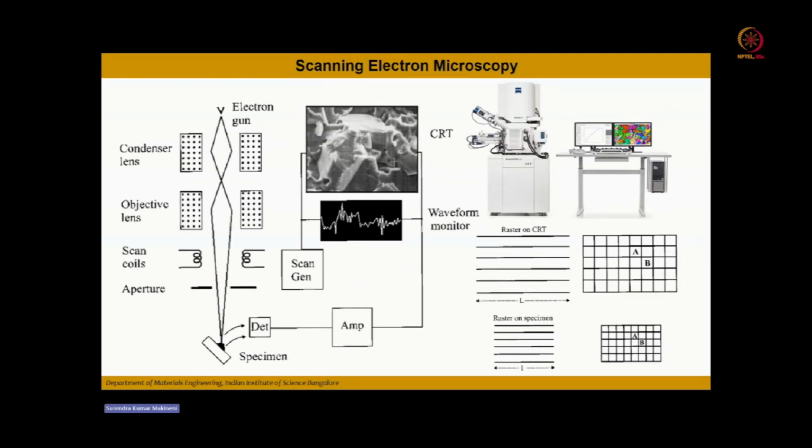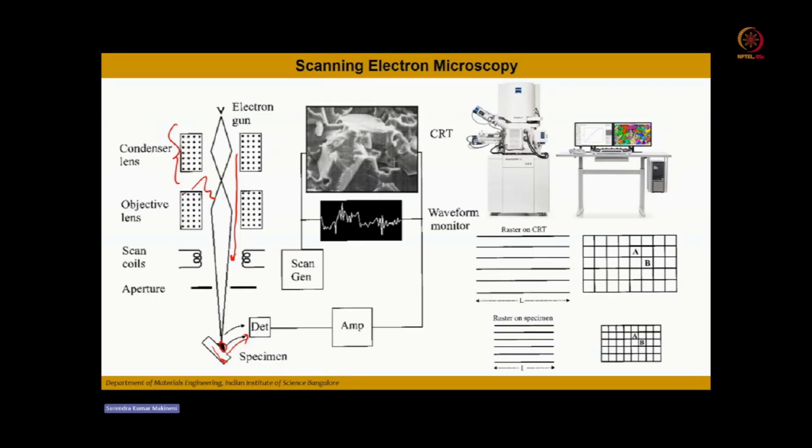It has a condenser lens system, and the role of this condenser lens system is to demagnify the electron beam to a particular spot. The electrons coming from the specimen after the interaction go to the detector.